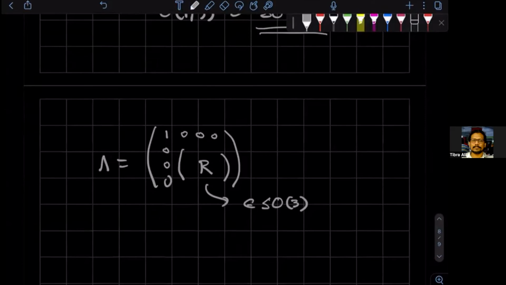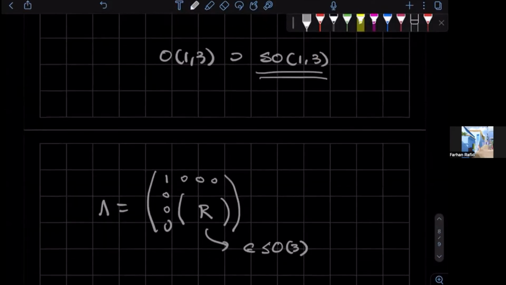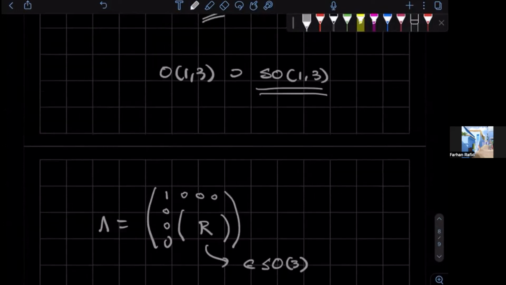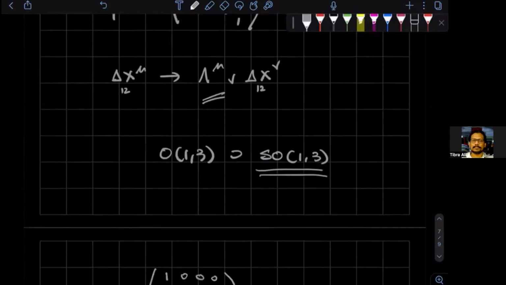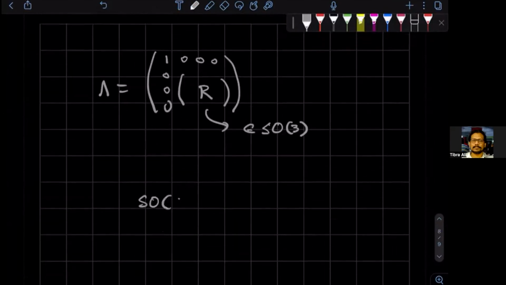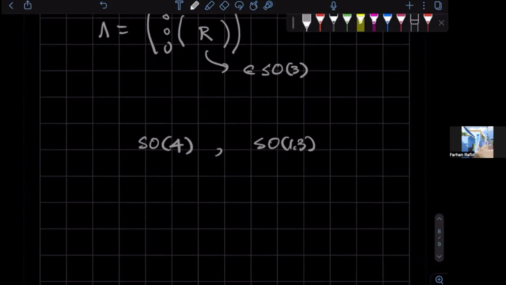Sir, in SO(3) there is only one number in the bracket, 3, but here 1, 3. So is the 1 different from the 3? Like 1, 3 could be written as 4, right? Yeah. So you're saying what is the difference between SO(4) and SO(1,3), right? So SO(4) are 4 by 4 matrices, say let's call them lambda, which satisfy this equation.